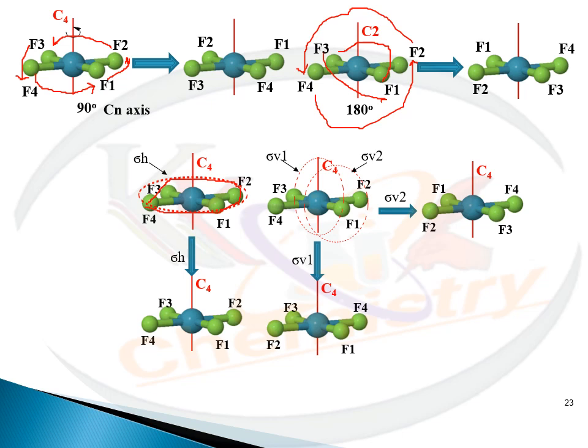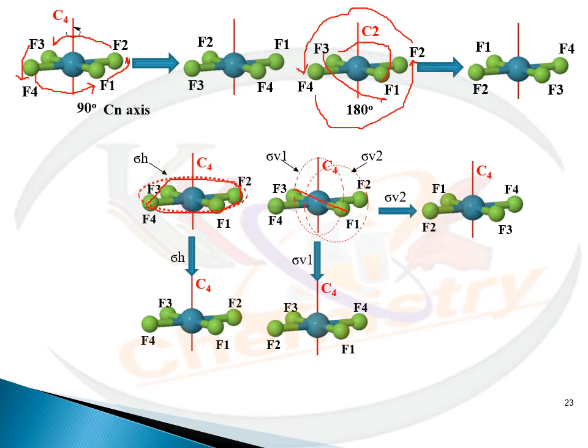Sigma v: here two sigma v exist. For the first one, we place a plane over here, cutting these two.